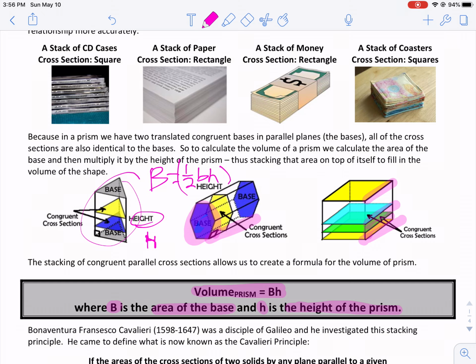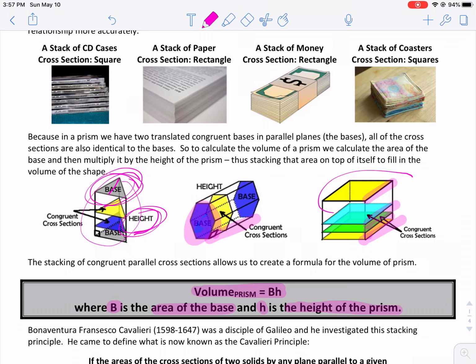So we're technically going to have two heights. We would have the height of this triangle, and we have the height of the whole prism. Guys, most of the time, those numbers are not going to be the same. So we find the area of this triangle, and we multiply it by the height.